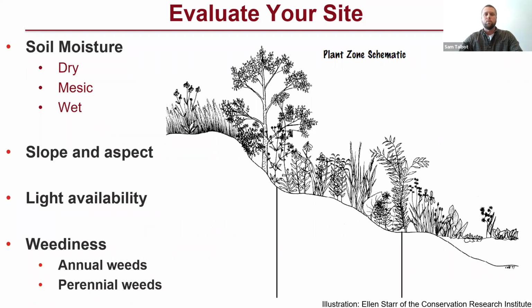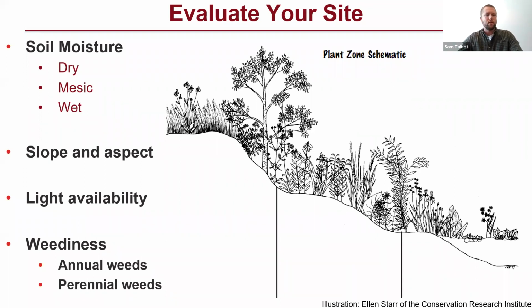So you'll want to match those, and I'll show you where you can find some of that information for our species in Minnesota. Slope and aspect: slope you'll want to consider when you're installing plants, especially if you're seeding into bare ground. You don't want those valuable, expensive native seeds to wash away. So consider that when you're doing your site prep.